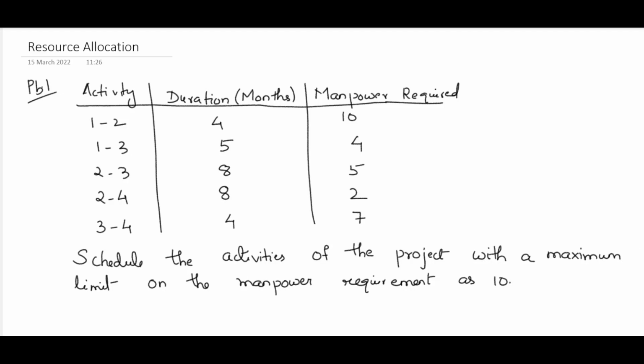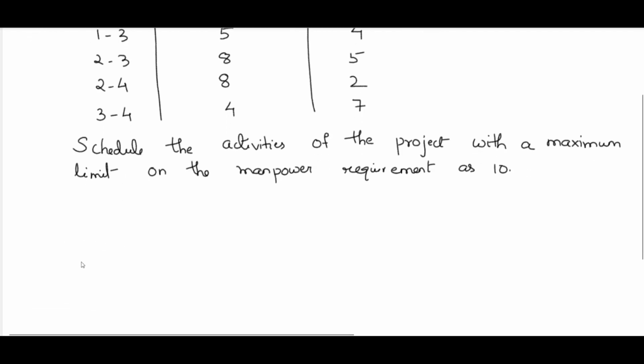So this is the question given to us. That means the maximum manpower requirement for each period is 10.